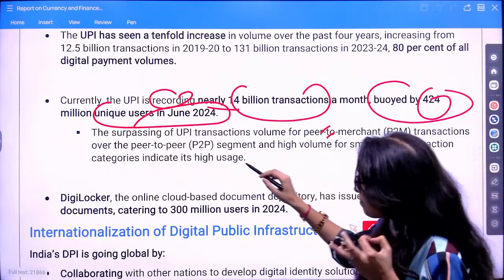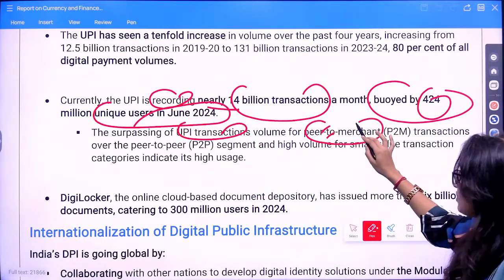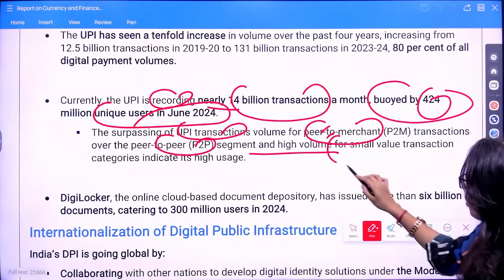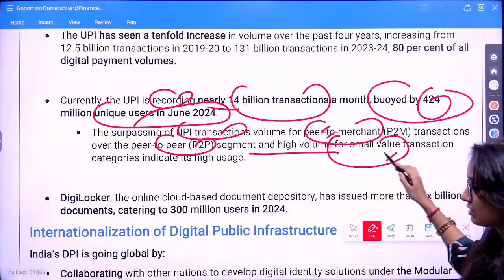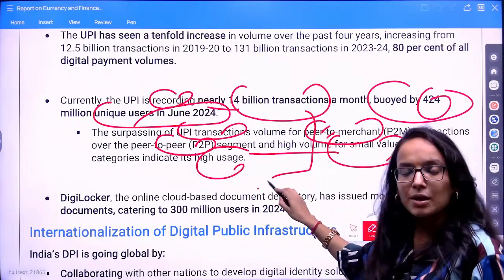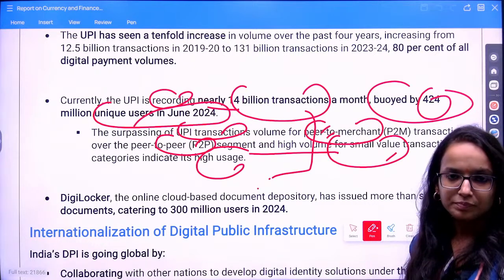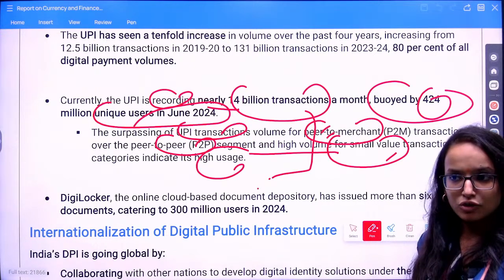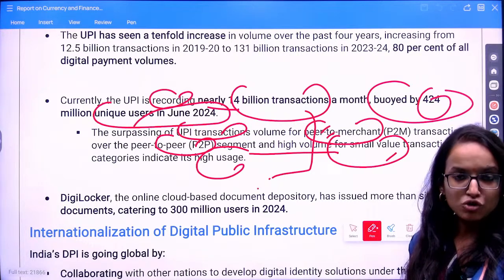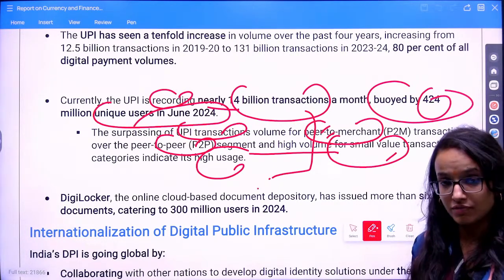The surpassing of UPI transaction volume for peer-to-merchant transactions over the peer-to-peer segment, and high volume for small value transaction categories, indicate its high usage. As I told you, we have discussed this in the RBI annual report as well. Not only P2P or P2M, both kinds of transactions are growing faster.